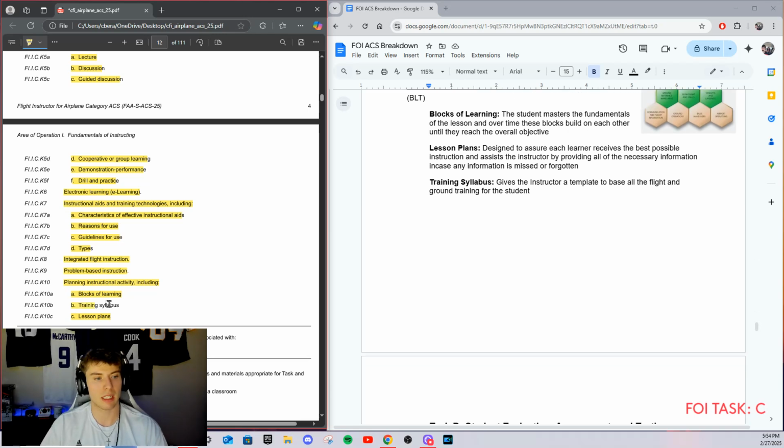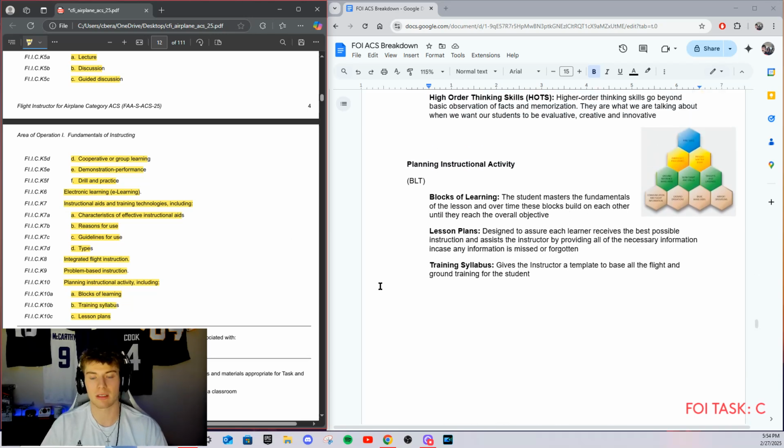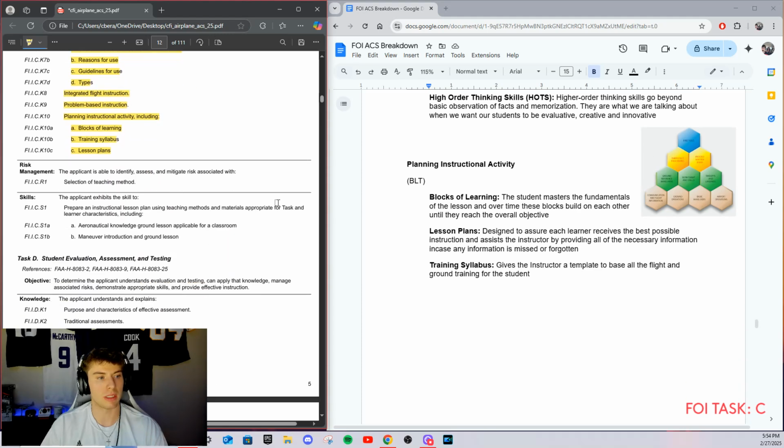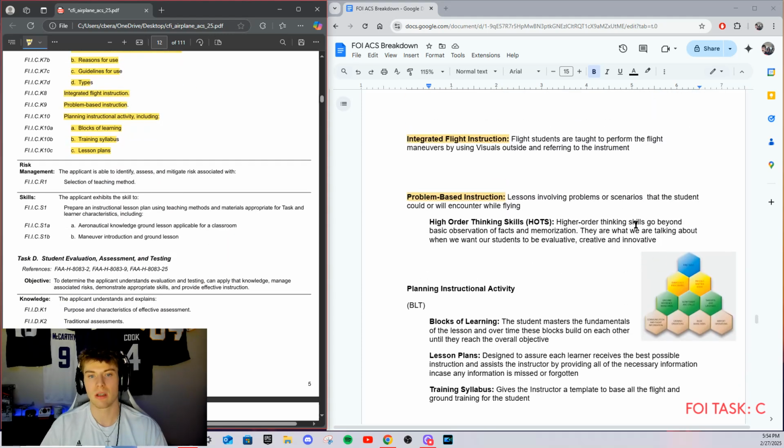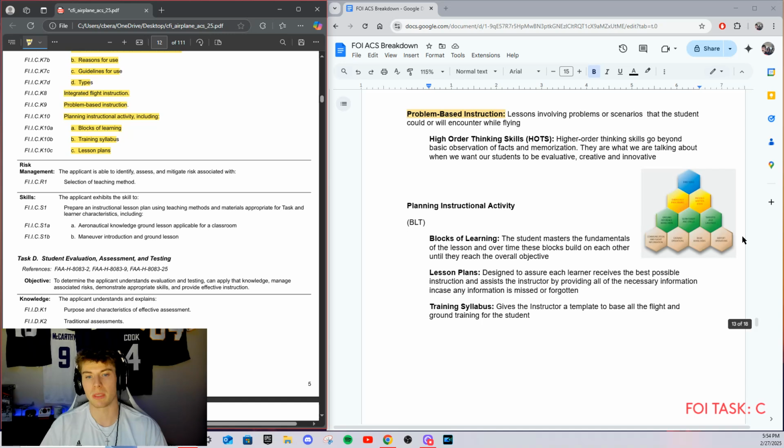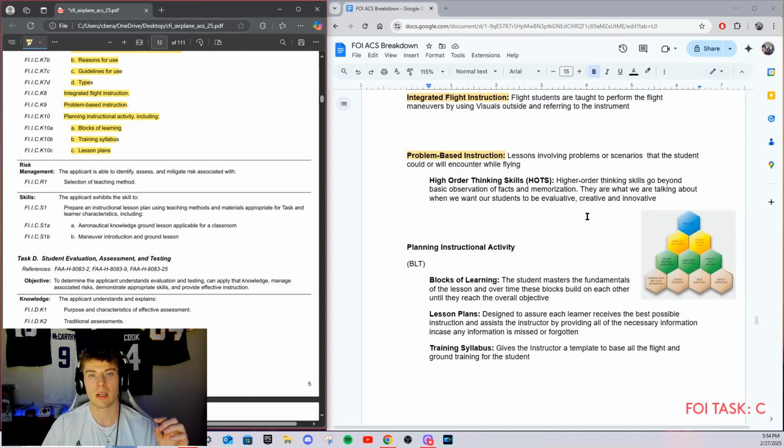And yeah, that is it for task C. I'll be doing task D next. Once again, if you guys want me to put the link to this doc, I can turn it into a Word document. It should go over every single part of the ACS. That way you don't miss anything, and you can just pop this up during your check ride. They don't expect you guys to memorize every single one of these. I will call it out if there's one that's really important.